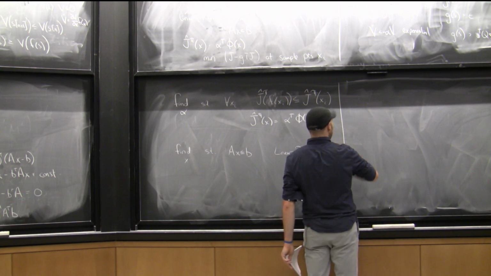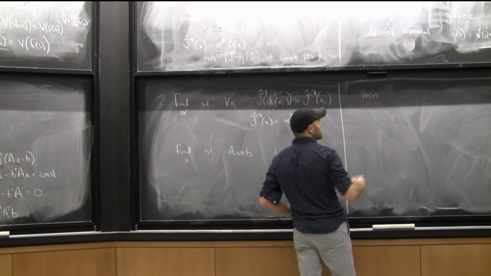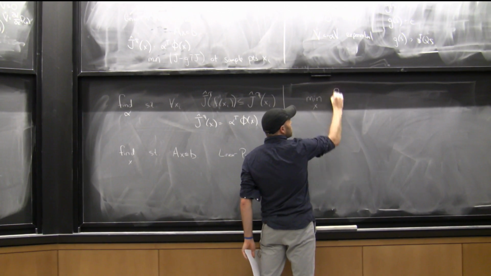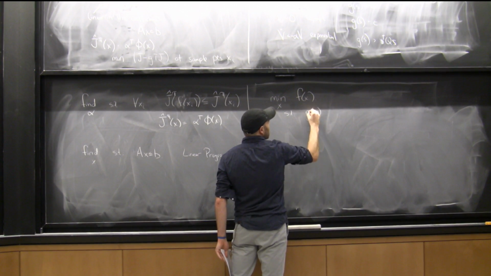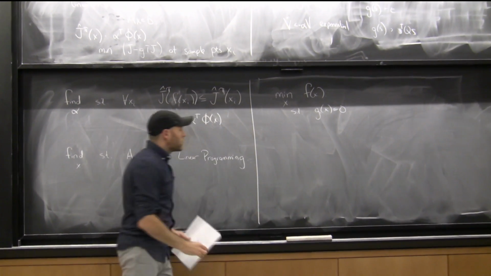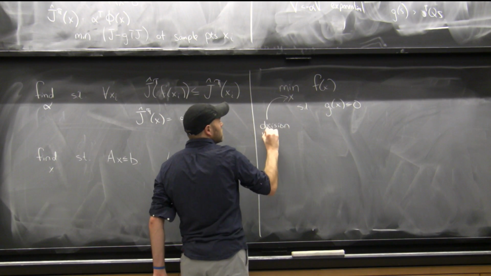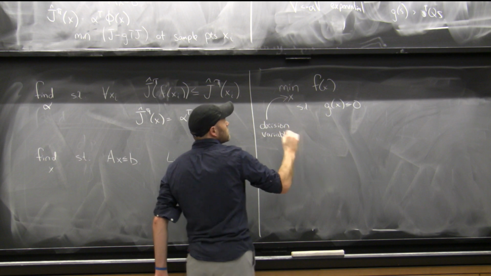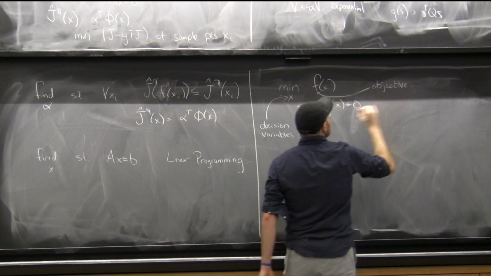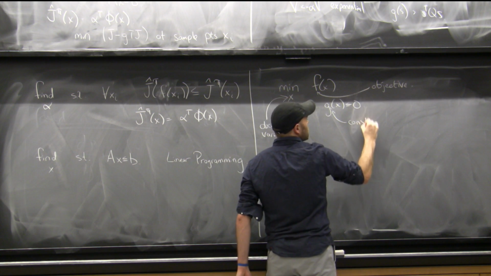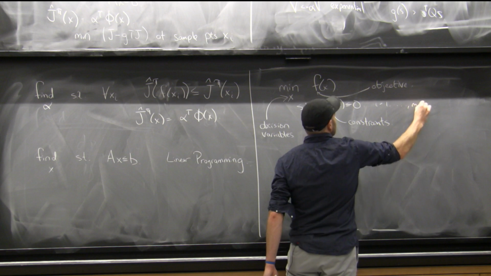The general form of optimization problems that we've seen a lot of times in the class, and will continue to see much more: I want to try to minimize some function of x subject to some constraints, g_i of x less than or equal to 0, where these are decision variables, this is my objective, these are my constraints, and I have potentially many of them.